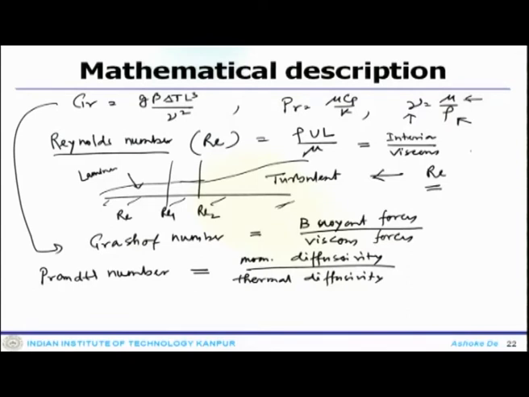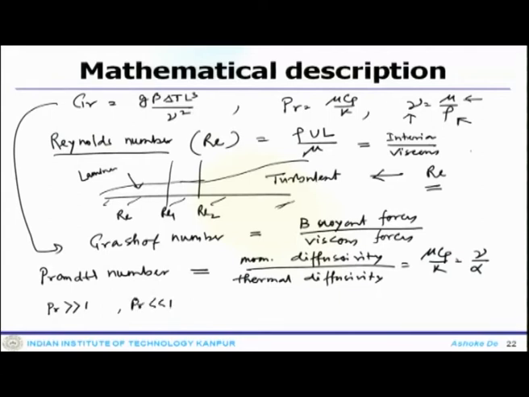So, if you look at the Prandtl number, this will be mu Cp by K, essentially I can write that as nu by alpha. Now, Prandtl number could be greater than 1 or less than 1.